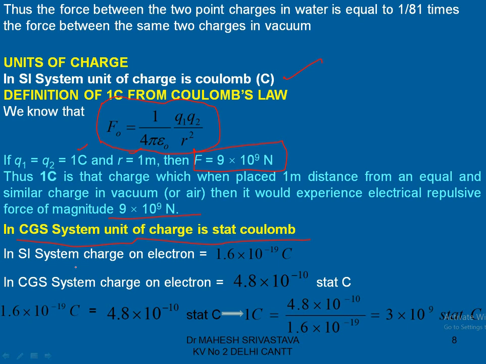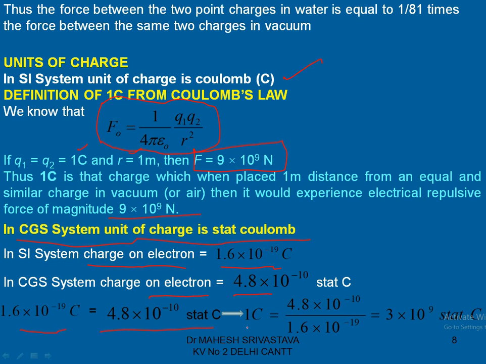So in SI system, charge on an electron is equal to 1.6 into 10 to the power minus 19 coulomb, and in CGS system, charge on electron is 4.8 into 10 to the power minus 10 stat coulomb. So 1.6 into 10 to the power minus 19 coulomb must be equal to 4.8 into 10 to the power minus 10 stat coulomb.